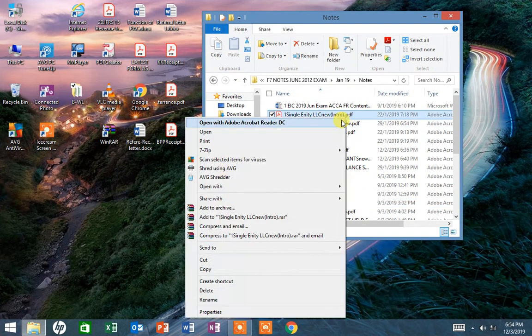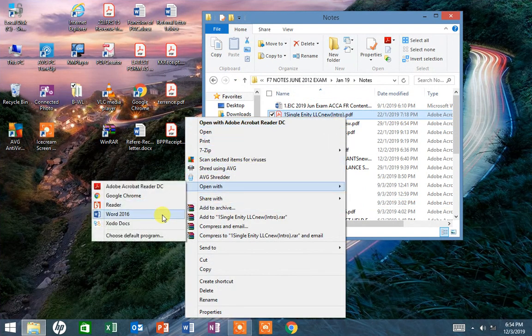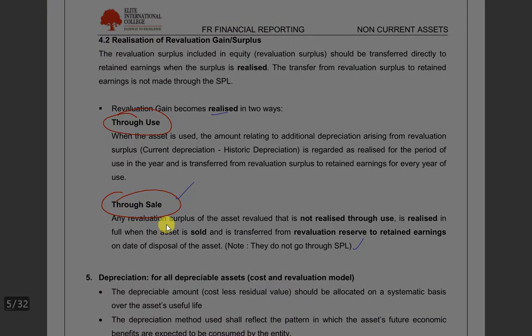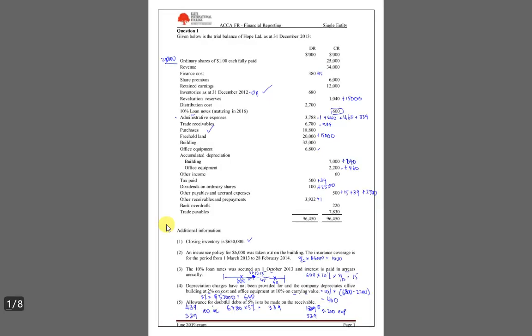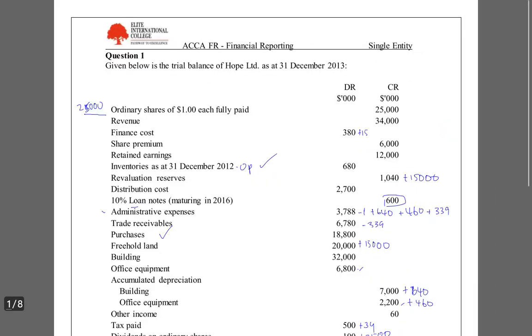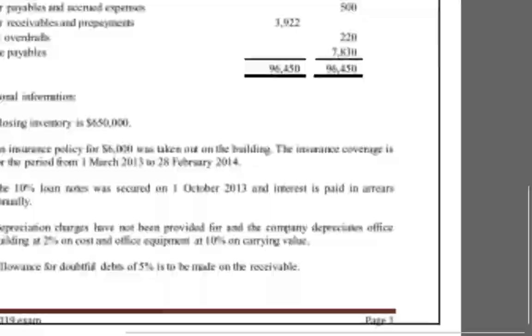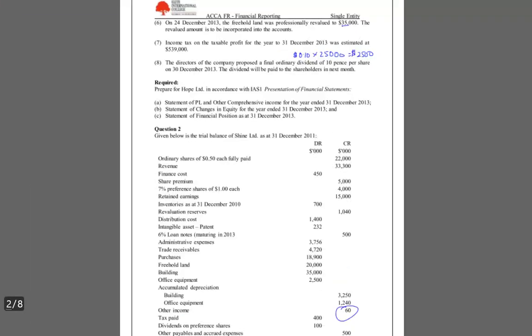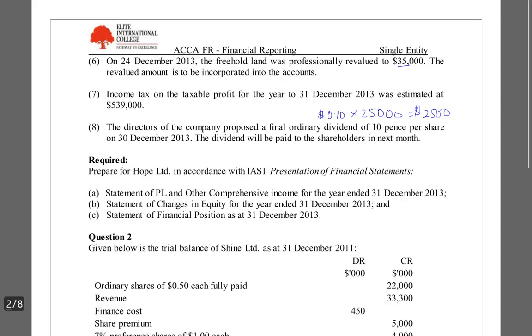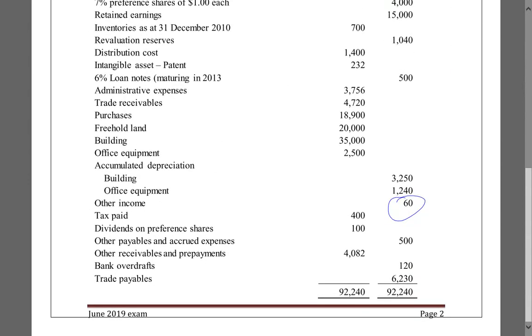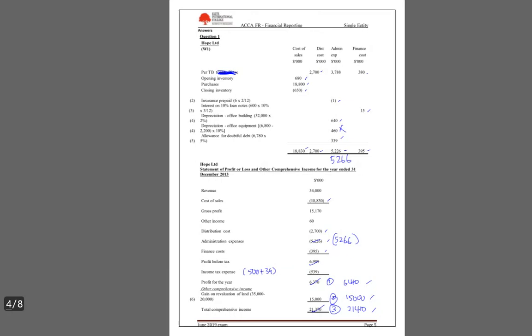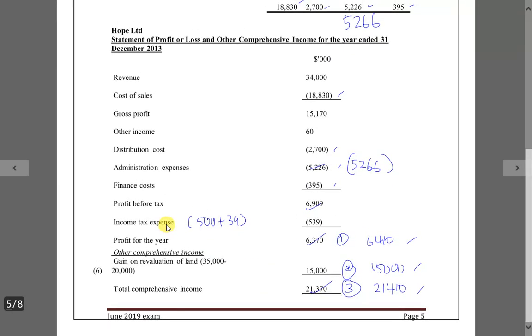Single entity, first note. The first question that we did has a revaluation. Revaluation of 15.